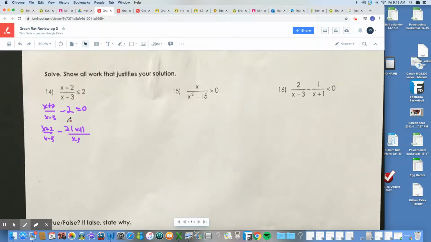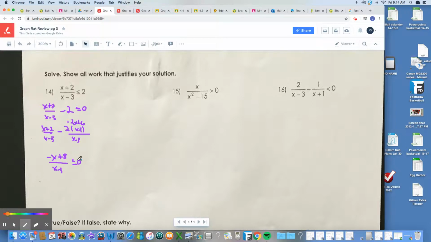That's going to give us negative 2x plus 6 when I distribute it. So x minus 2x is negative x. 2 plus 6 is 8. So I get (negative x plus 8) over (x minus 3) is less than or equal to 0.